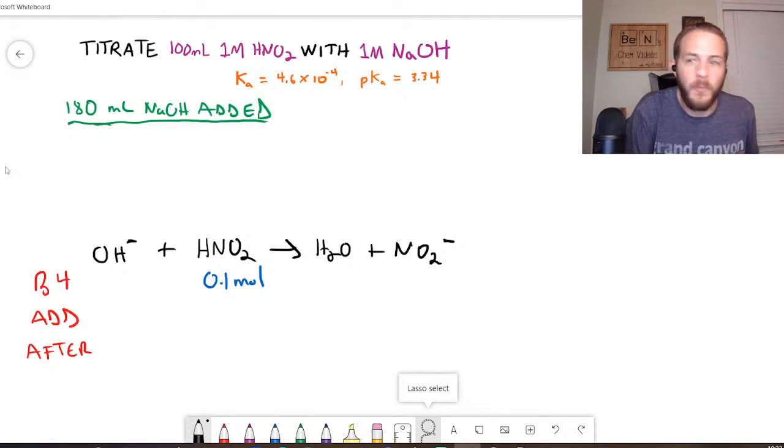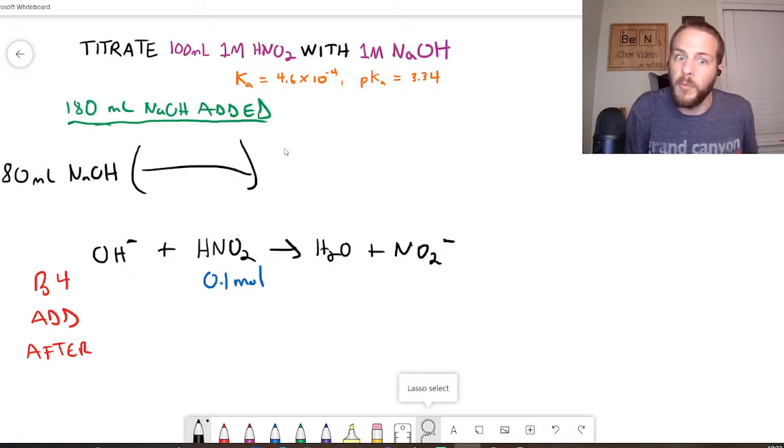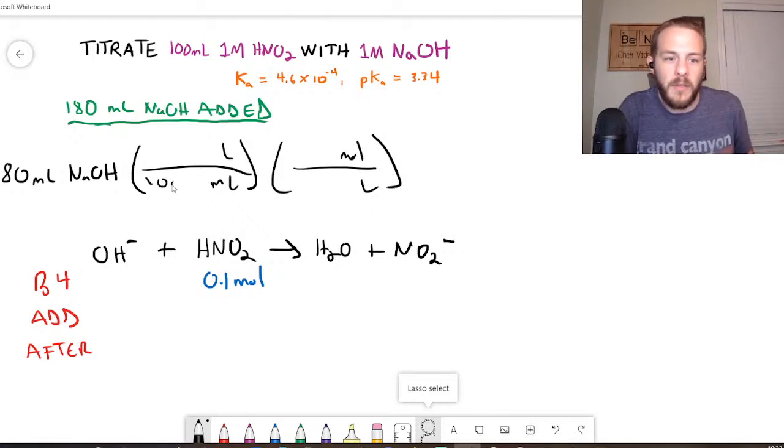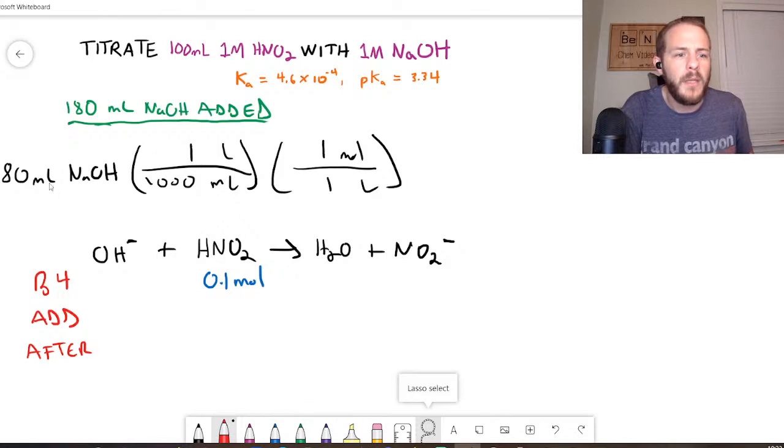All right, so start out with our 180 milliliters of sodium hydroxide. Going to perform that 2-step conversion that allows us to convert from milliliters all the way to moles by converting from milliliters to liters and then from liters to moles. 1,000 milliliters are in 1 liter, and since it's a 1 molar solution, we have 1 mole per every 1 liter.